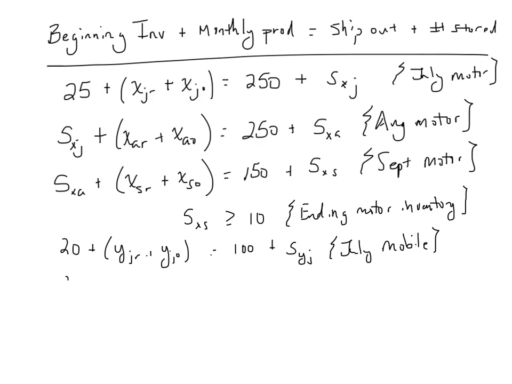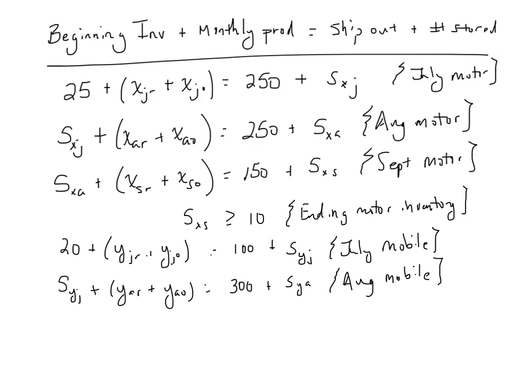That's whatever's left over from July from above, plus our production in August, YAR plus YAO is equal to our demand, which was 300, plus whatever we store over, SYA, and that's our August mobile.